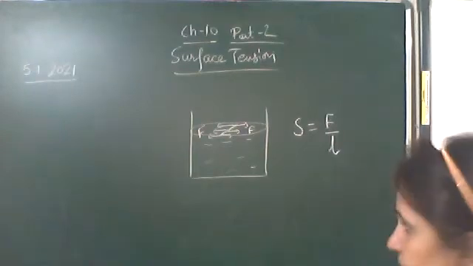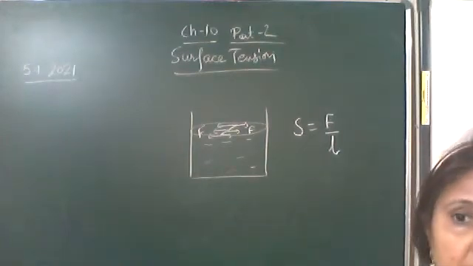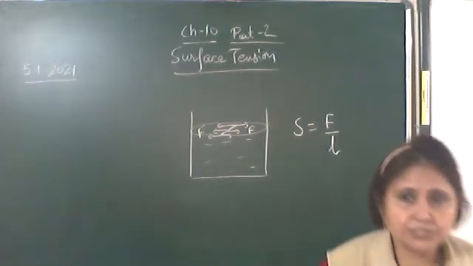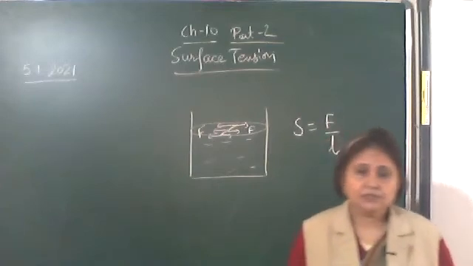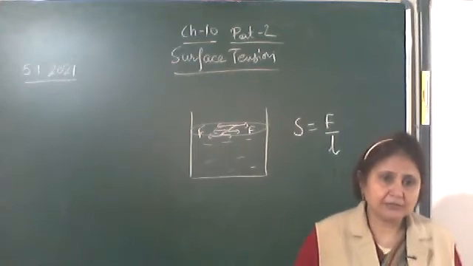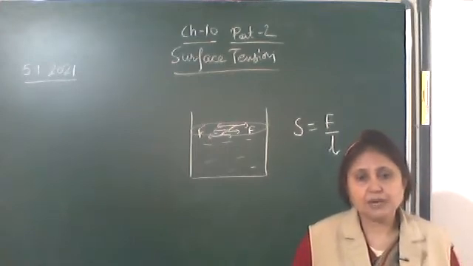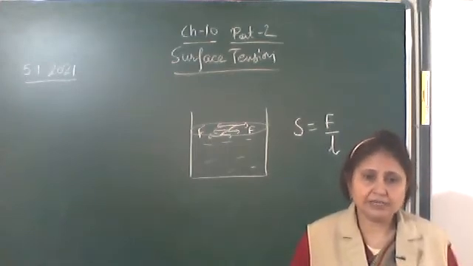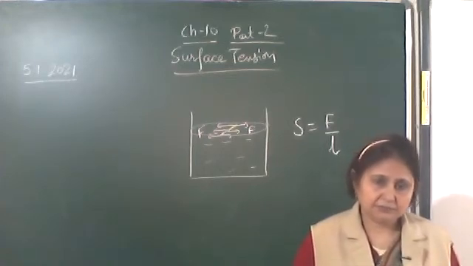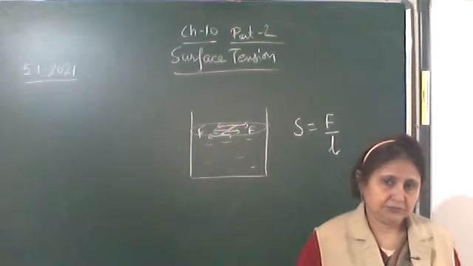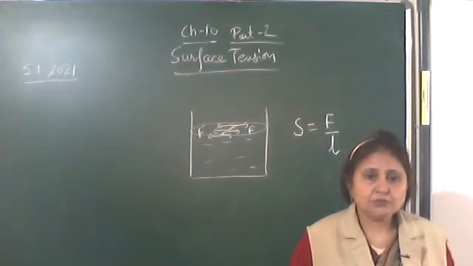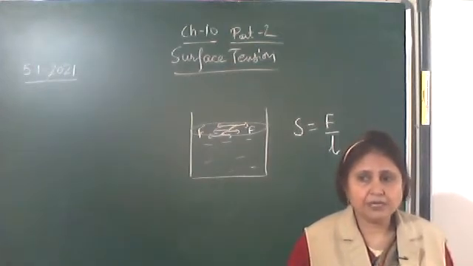So write down: surface tension is defined as force per unit length of the imaginary line. So the formula is S is equal to F upon L.